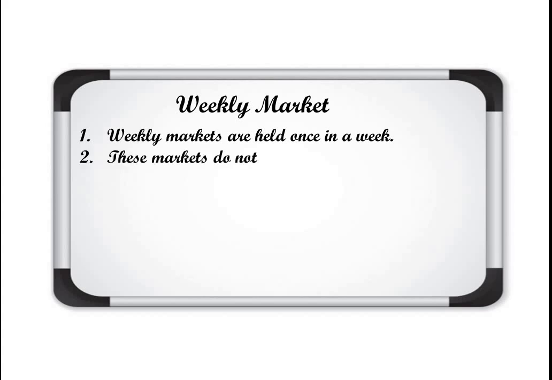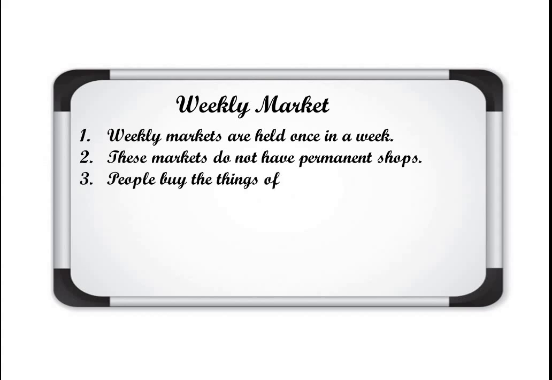Second thing, these markets do not have permanent shops. They just set up the shops for one day. So the sellers who sell different things in these markets do not have permanent shops there. Number 3, people buy the things of everyday requirement from here.